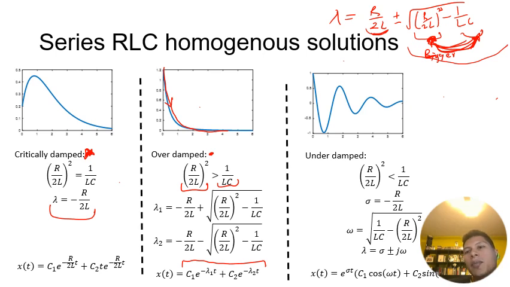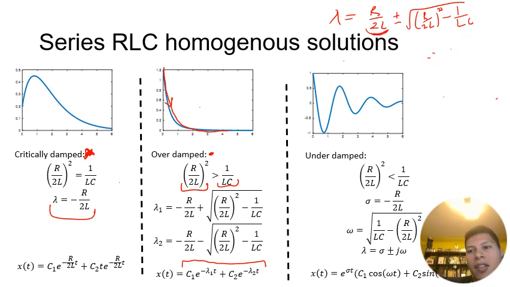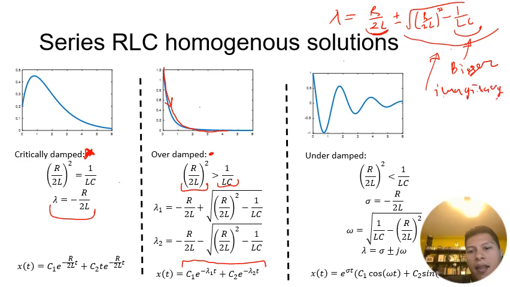And then the final case is whenever this 1 over LC term is bigger. Then we're going to have complex roots because the thing under the square root will be negative, giving an imaginary number. The oscillation omega will be equal to the square root of 1 over LC minus (R over 2L) squared, and the real part of our root will be negative R over 2L.